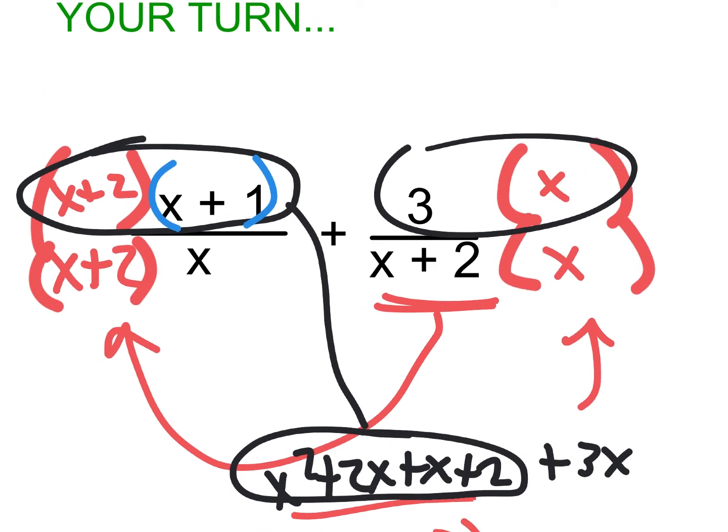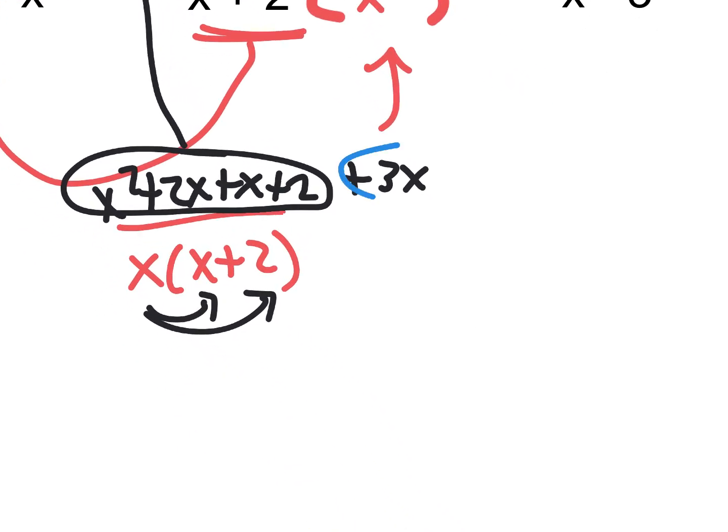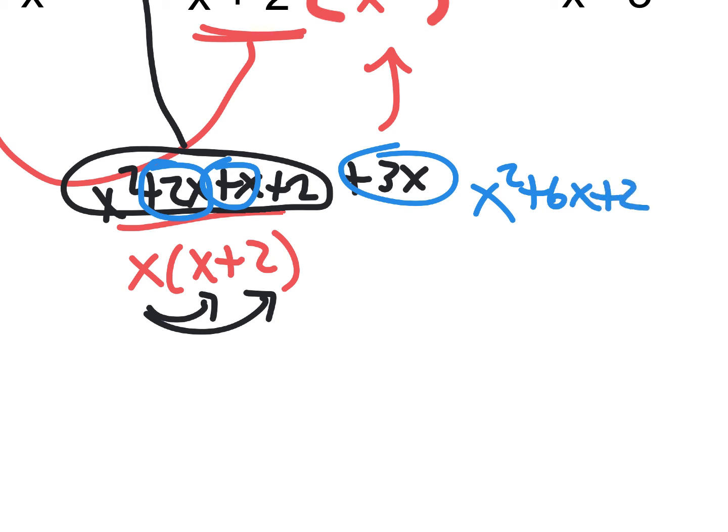If you didn't catch that this is a FOIL, first, outsides, insides, lasts, I get how you might miss that. And then I put the 3x with the 2x and the other x, so that's 6x, and I get x squared plus 6x plus 2 all over x times x plus 2.